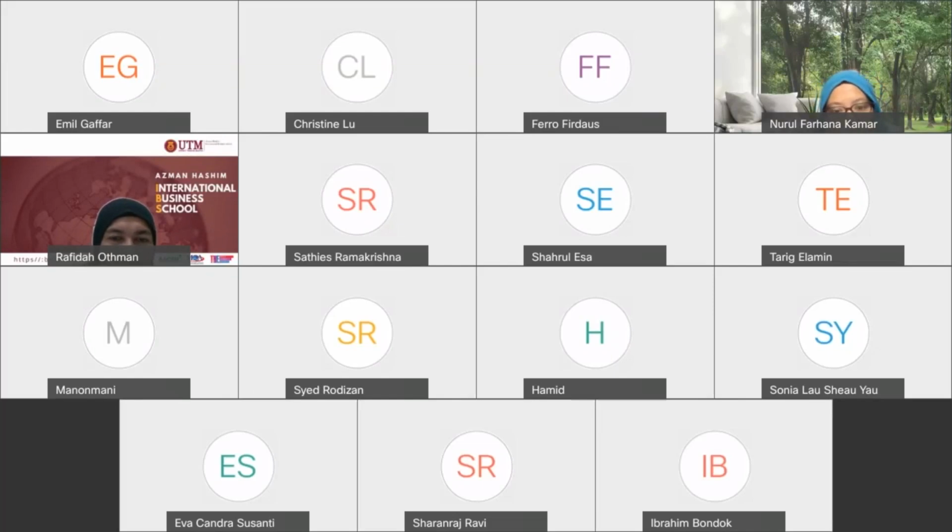The next one, we are looking at working capital management. When we are talking about working capital management, we are looking at some of the elements. Let me check, did I share something here?